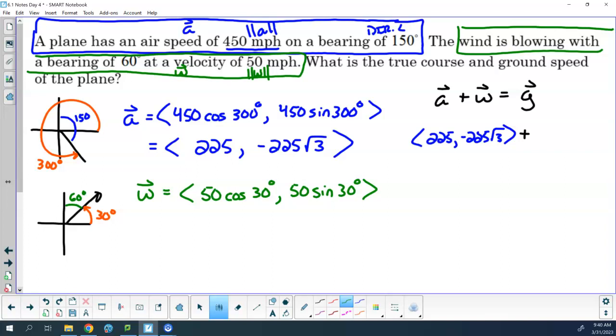Root 3 over 2 times 50. Sine of 30 degrees? 1/2 times 50. 1/2 times 50? 25.